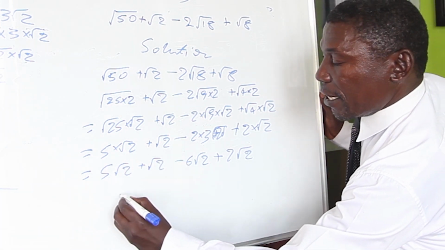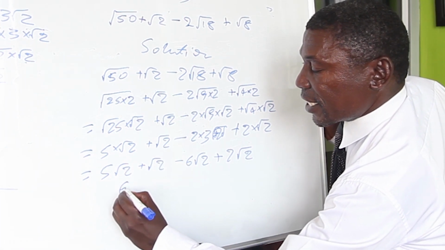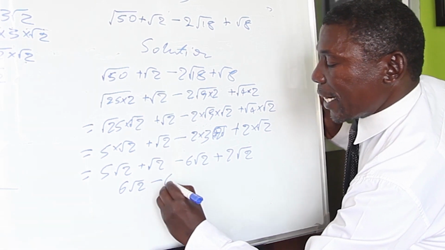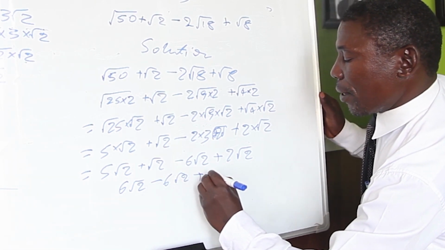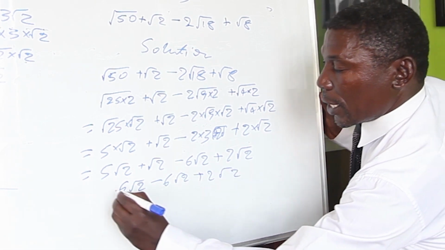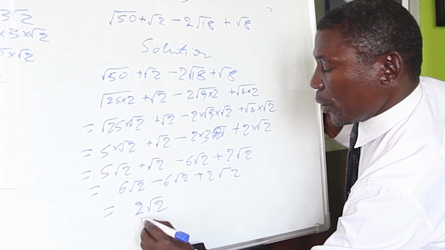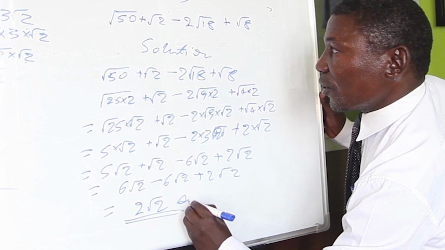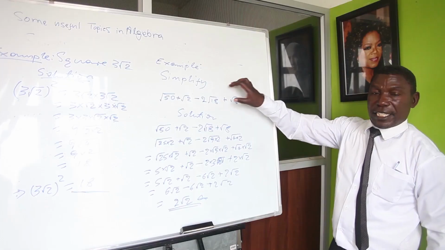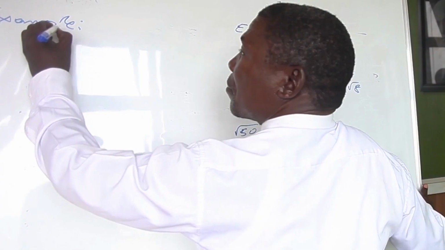This gives us 6 root 2 minus 6 root 2 plus 2 root 2, which is 2 root 2. That is the answer, so this is the simplified expression.